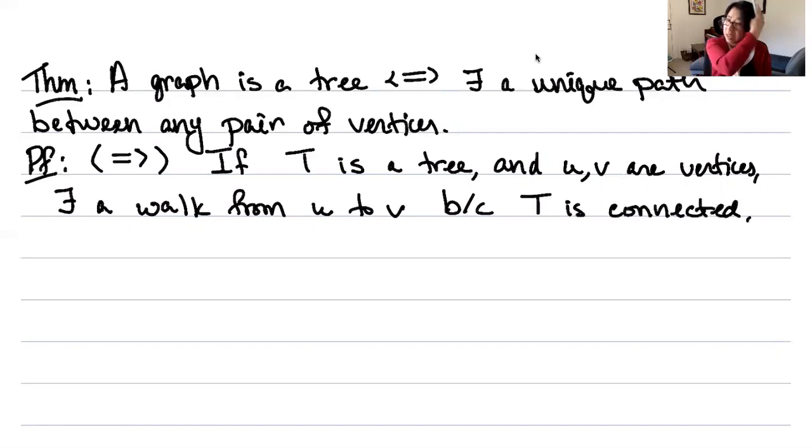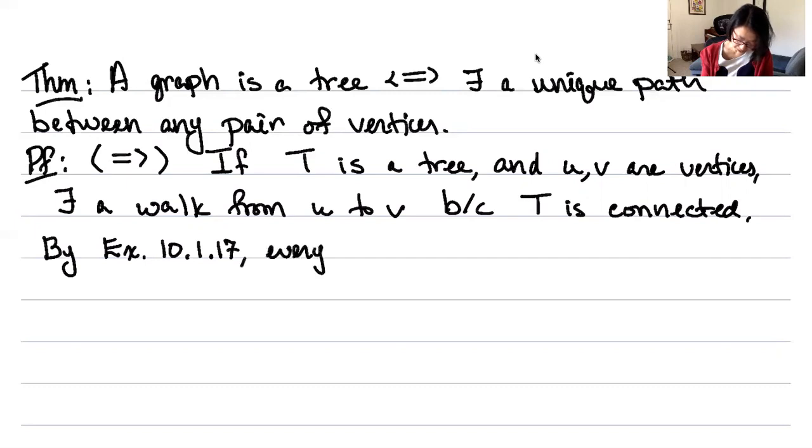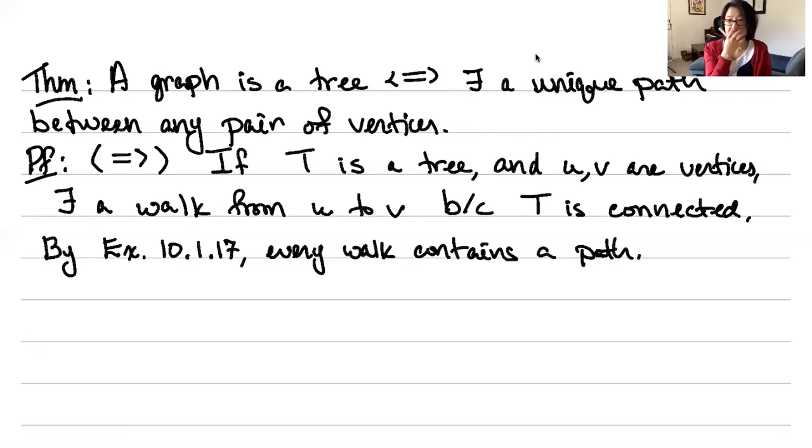And what you're showing this week in your homework, exercise 10.1.17, every walk contains a path. Okay, so if we have a walk from U to V, then we have a path from U to V. All right. So if a graph is a tree, then we get a path between every pair of vertices.